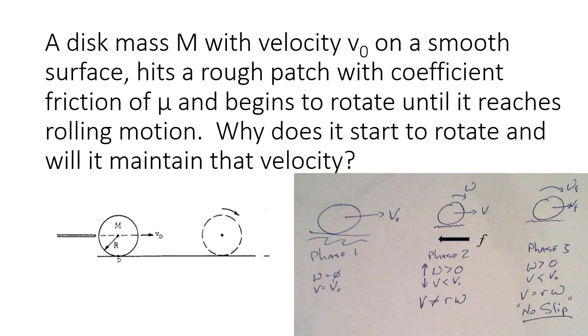It's also interesting to note in this situation that yes, a little bit of energy is lost while it's transitioning from pure translation to total rolling. So the energy can't just be divided from one to the other.